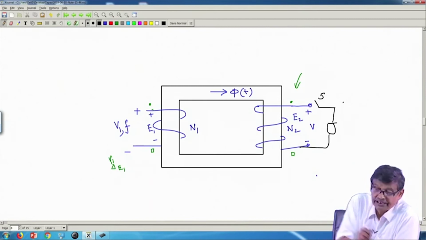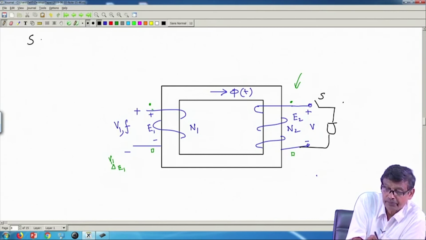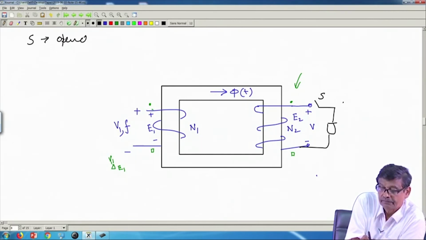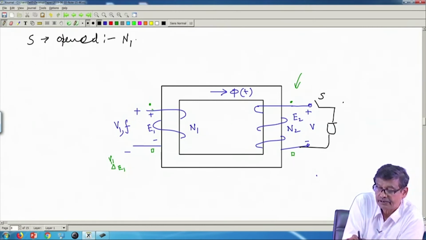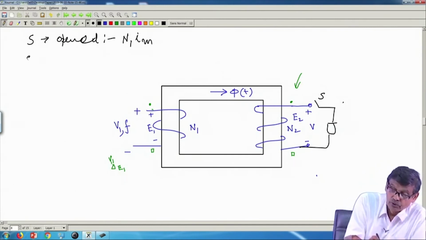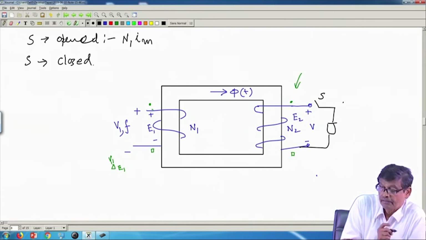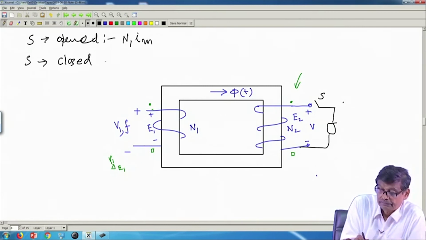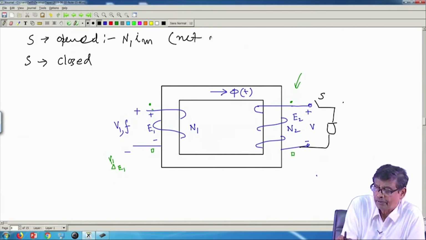So, initially with S opened, I am concluding that net MMF acting is N1 into IM. With S closed, once again I am telling, in this case this was also net MMF, secondary current was 0.